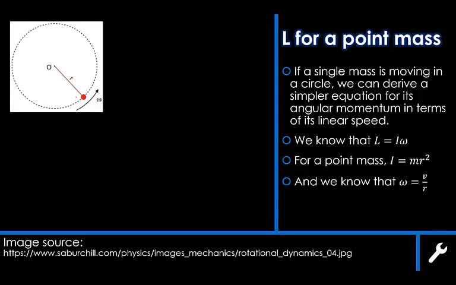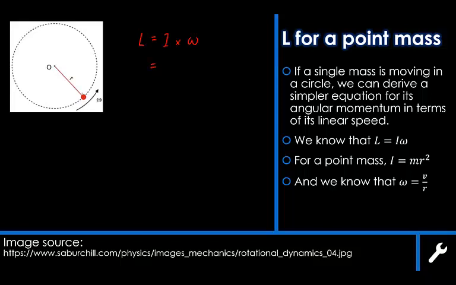We've just defined that L is equal to I times omega. So in the case of the point mass, it has some rotational inertia, and as it moves around the circle, it will sweep out an angle, and the rate of angle change divided by time change is omega. So we can write in our expressions for I and omega.